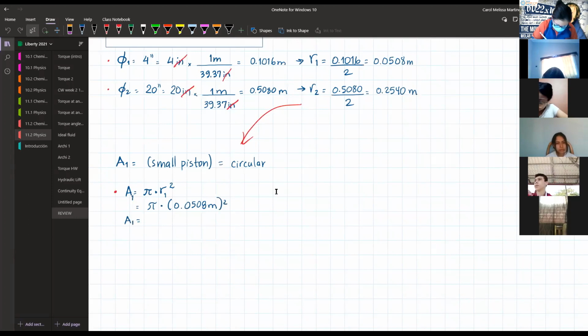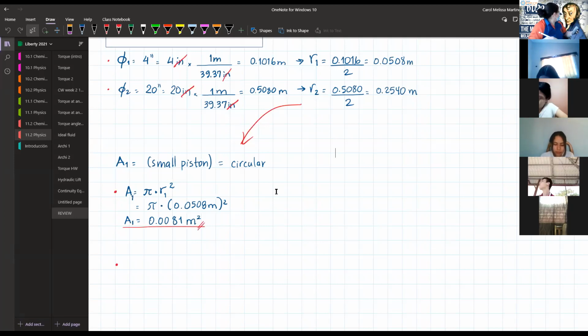How much is this? It is 0.0081, okay, that is correct. And remember to write square meters.